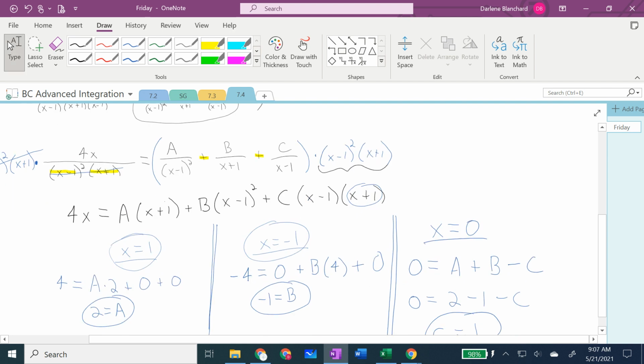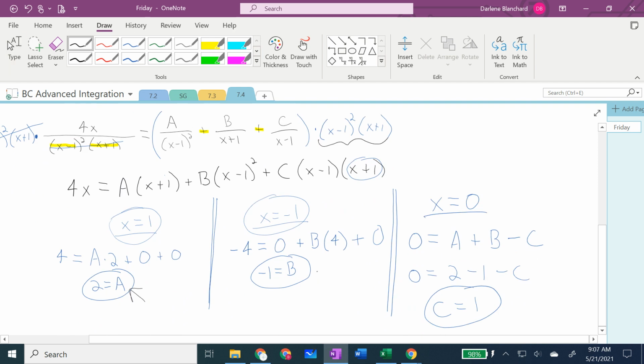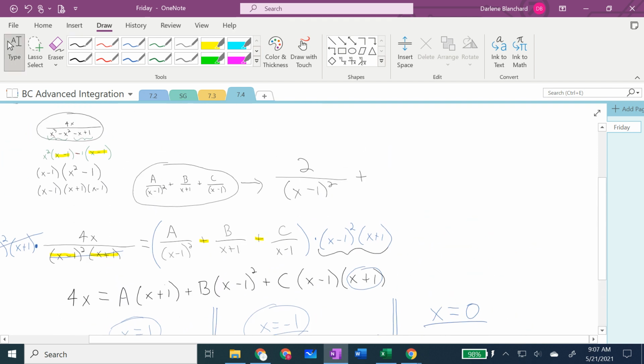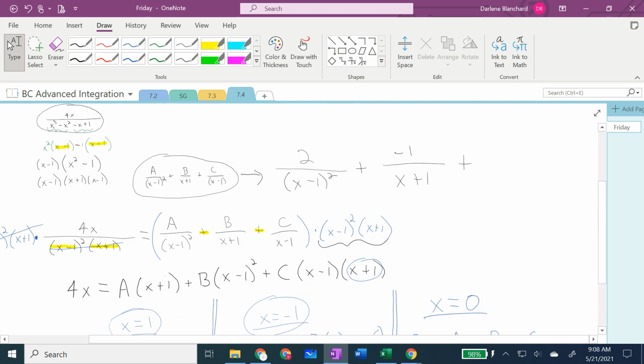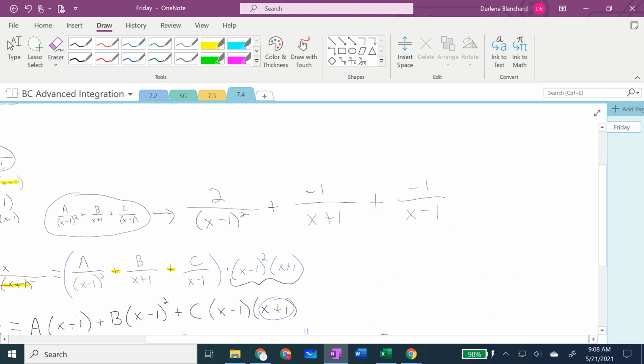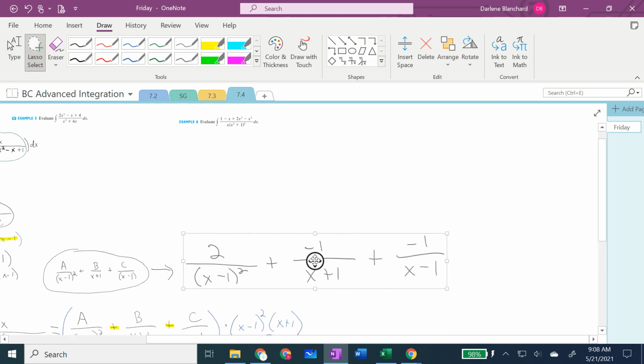So that means that I have positive 2 over quantity x minus 1 squared plus b is -1, -1 over x plus 1, and then c, positive 1 over x minus 1. I'm going to lasso this, and I'm going to move it.